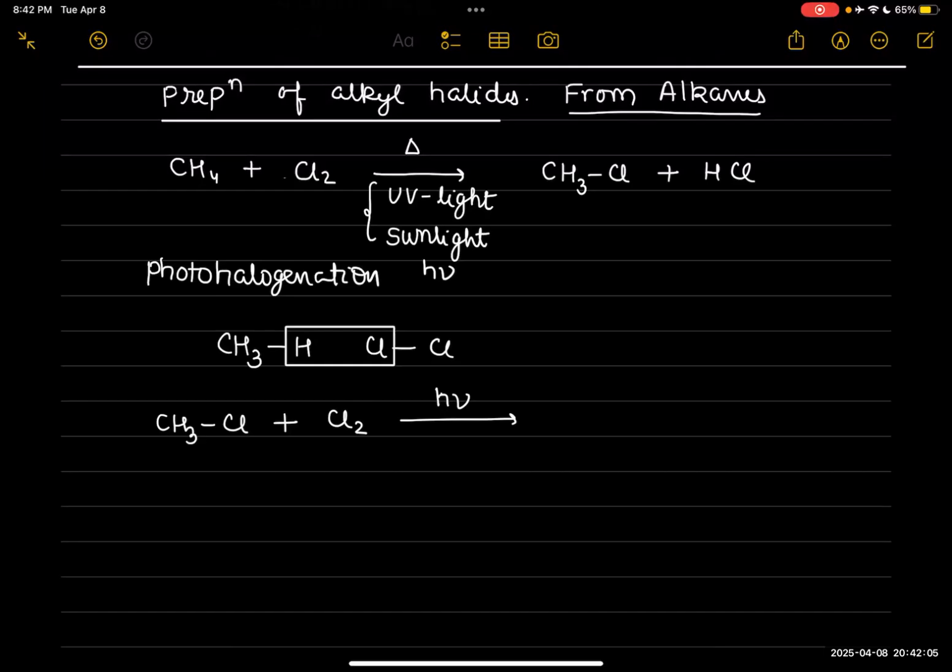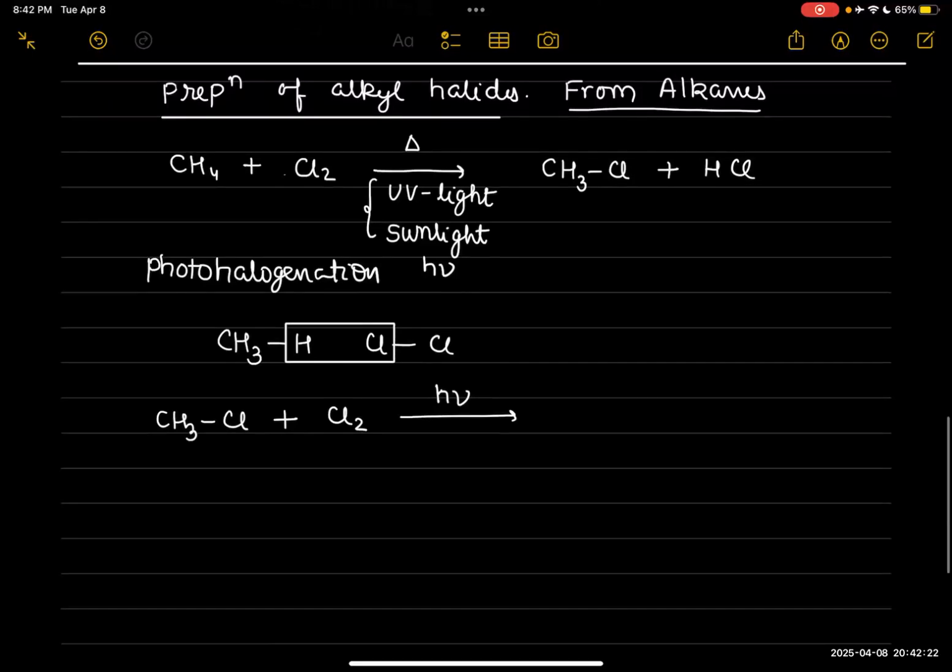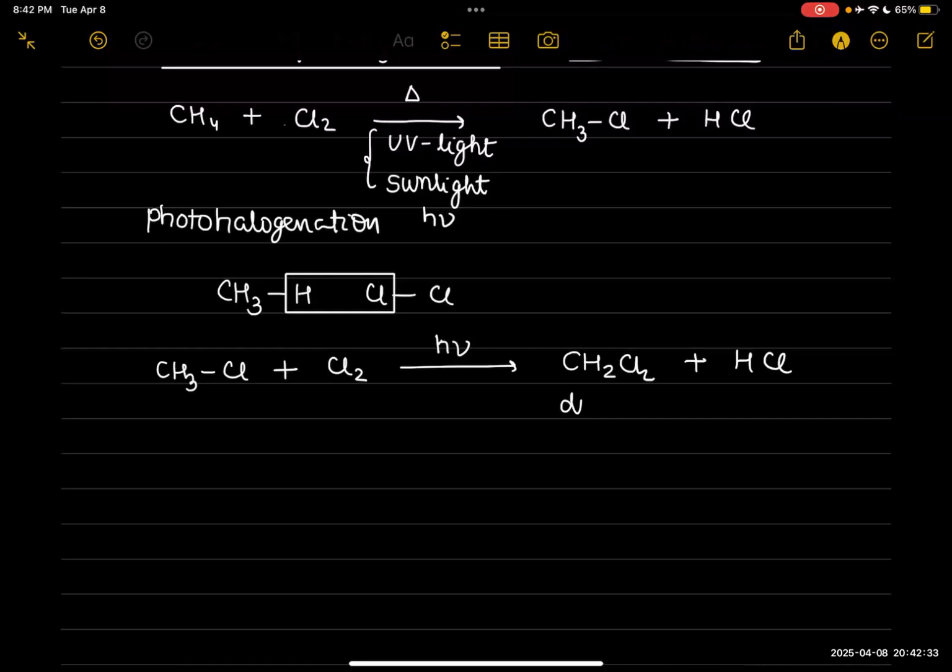One Cl has already come in place of hydrogen. What happens if I react the CH3Cl with chlorine one more time? Again it will replace a hydrogen, so it becomes CH2Cl2 and HCl. This is known as dichloromethane. Sometimes you need not write 1,1 because you have just one carbon.